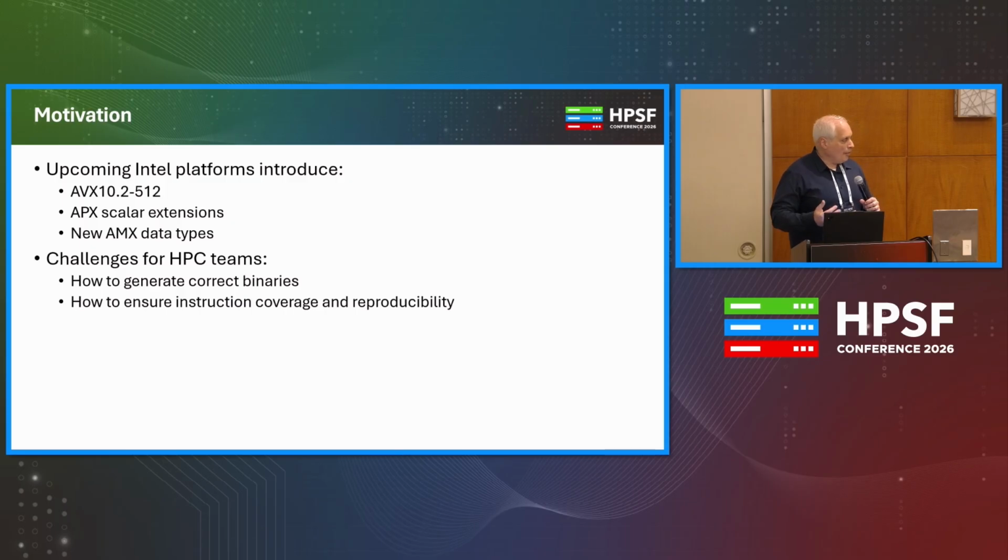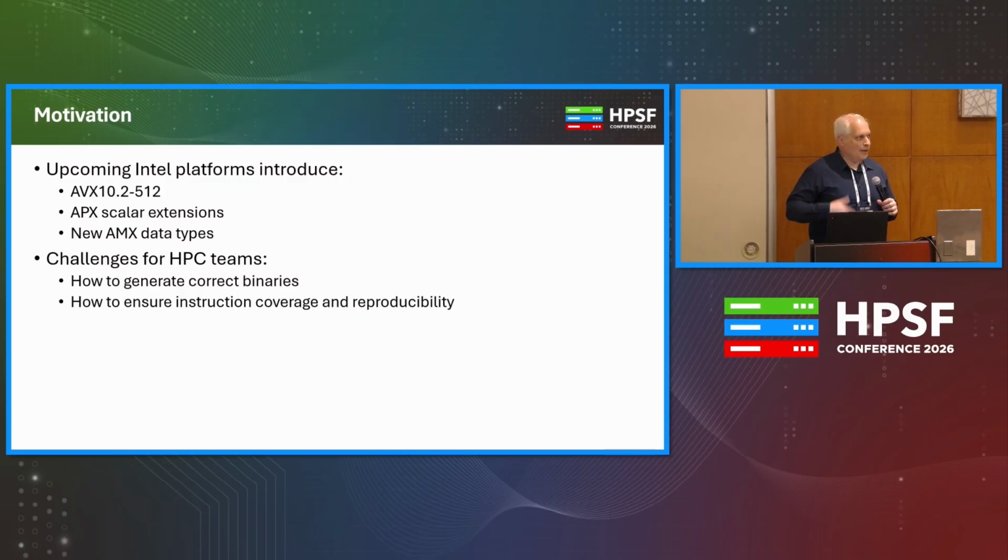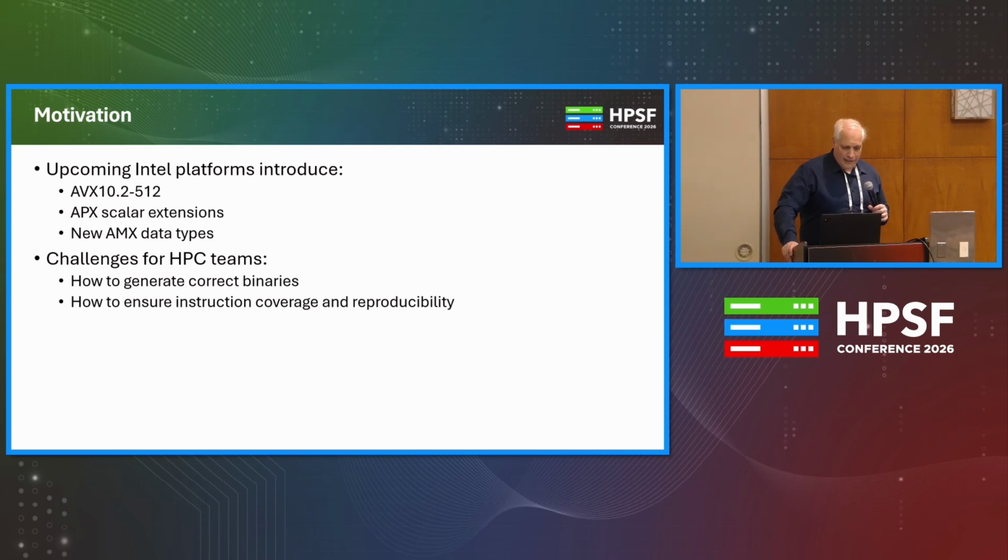So there are three big changes we'll go through, and I'll show you examples. We have an update to a vector type, AVX10. This one's pretty significant in that it removes a lot of the need to understand the underlying hardware. Does it support 256 or 512?